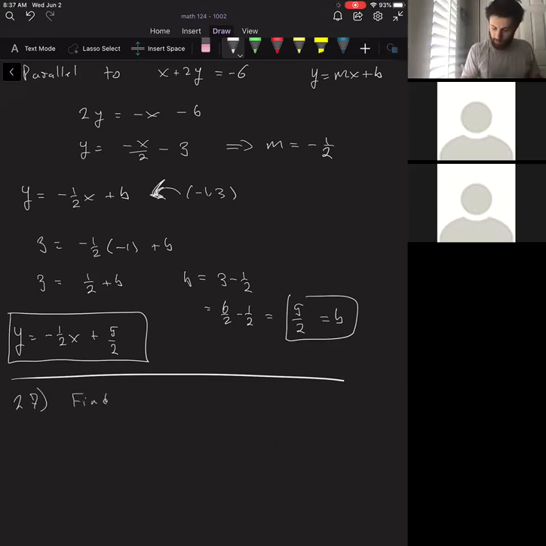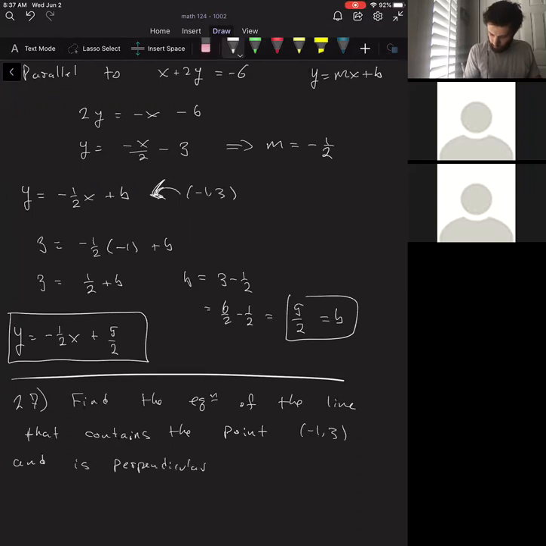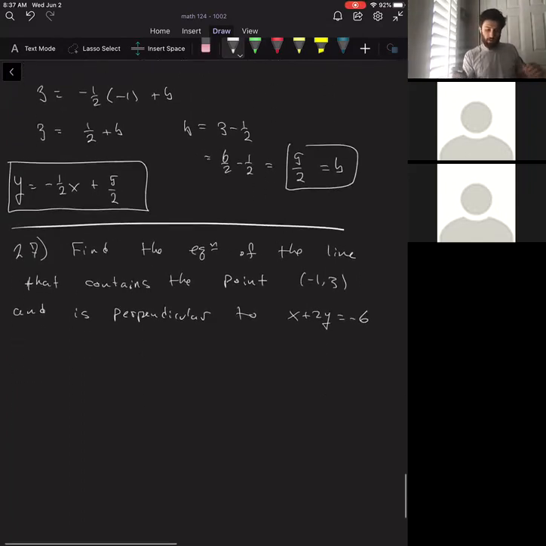Find the equation of the line that contains the point -1, 3 and is perpendicular to x plus 2y equals -6.